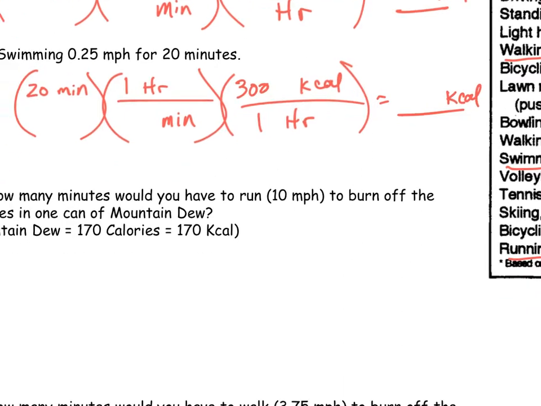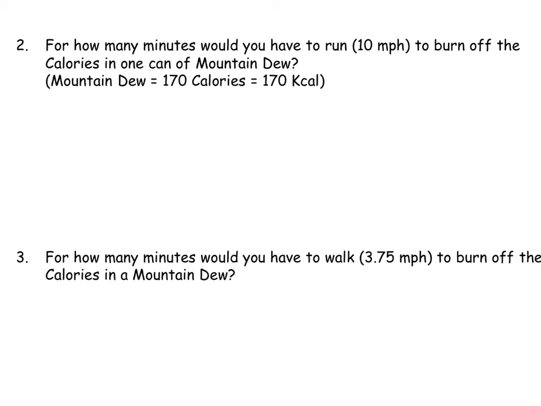All right, let's look at question number 2. How many minutes would you have to run to burn off the calories in 1 can of Mountain Dew? A Mountain Dew has 170 calories, or 170 kilocalories. Remember the capital C. So we could start with that, 170 kilocalories.